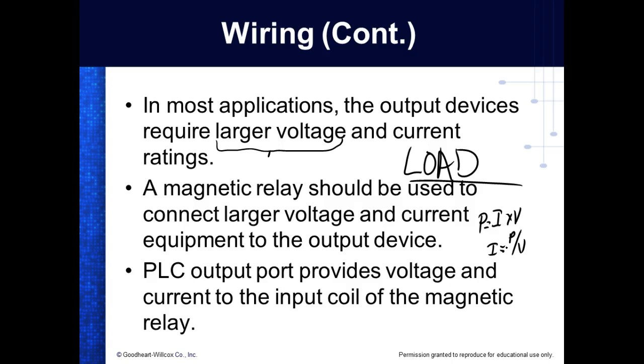Right? Because why? Because now we can run smaller gauge wire. And the relays inside that run your compressor can be smaller size relays, because it doesn't require controlling that much current, right? You understand that? So more voltage, less wire. Smaller gauge.